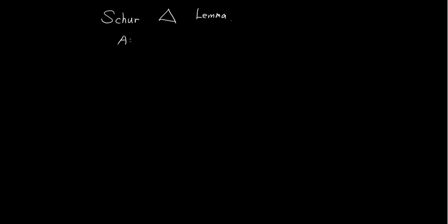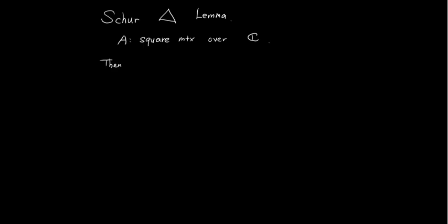Okay, we will start with a matrix. It is a square matrix, but let's make it over C. Make it a little bit general. You will see the reason later.